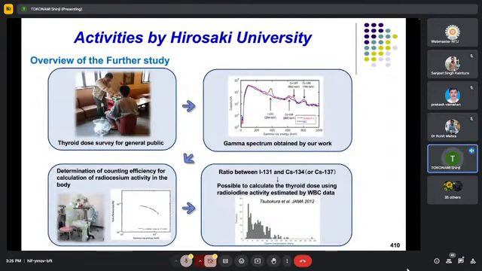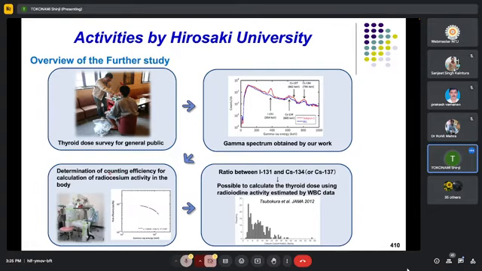So we carried out a thyroid dose survey for the public and we obtained the gamma spectrum like this. Here's the iodine 131 peak. Also, we obtained the peaks of radiocesium.